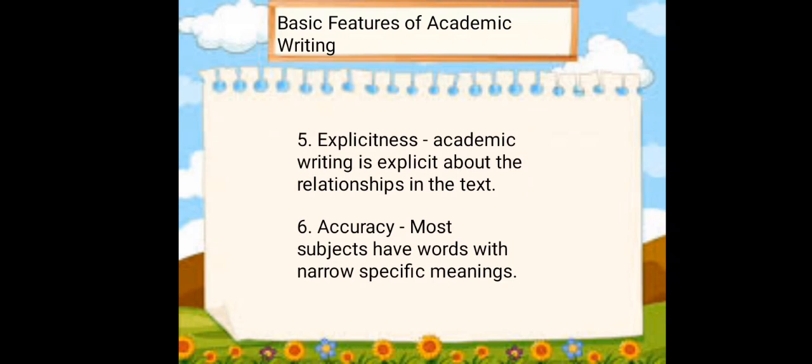Number 5 is explicitness. Academic writing is explicit about the relationships in the text. So it is not wrong to provide connections. Everything is interrelated and interconnected. But if you are going to connect one information to another information, make sure that it has its relationship with the text.